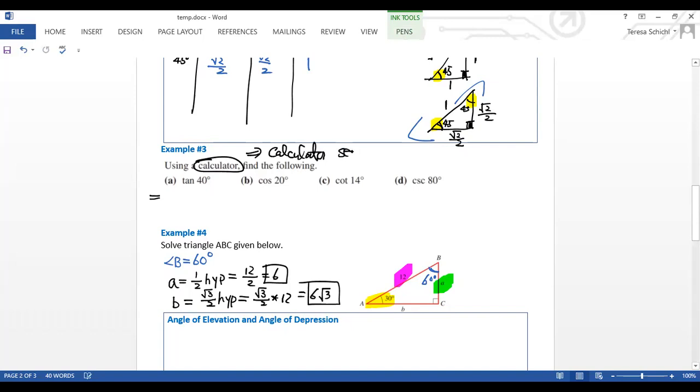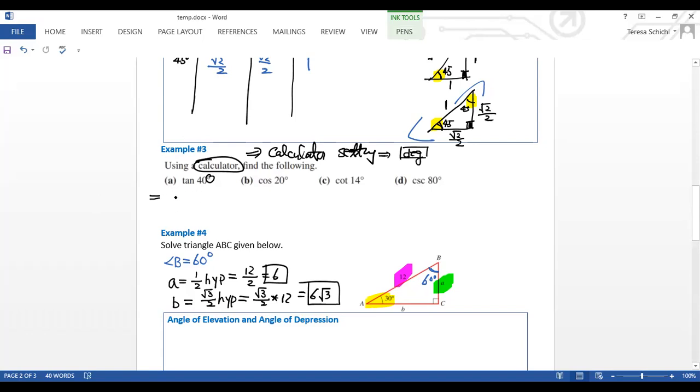Make sure your calculator setting is in degrees, because this is in degrees. You can use this example, put the numbers into your own calculator, and see if you match my numbers. If you do, then you did the setting correctly.